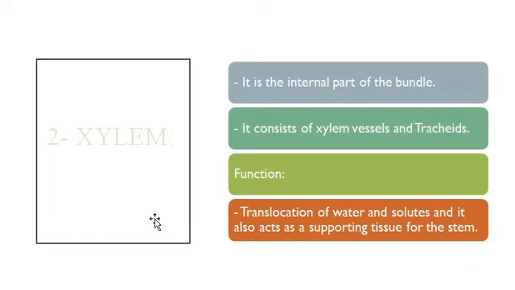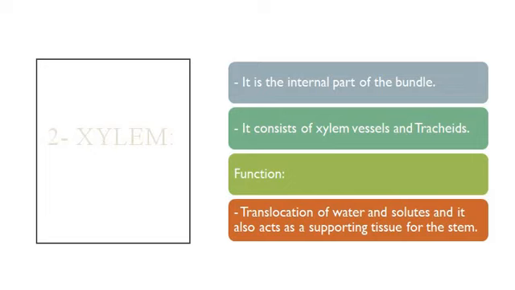And the xylem is the inner part of the bundle. It consists of xylem vessels and tracheids. Tracheids are also important for storage, but the xylem transfers the water from root to stem to the leaves and also supports the tissue.